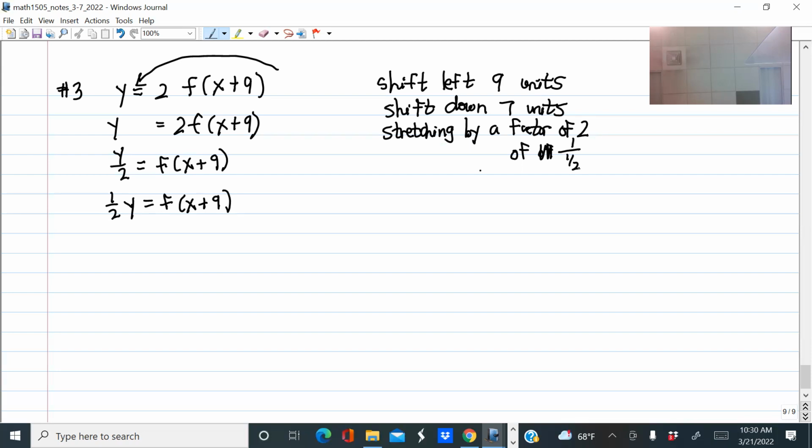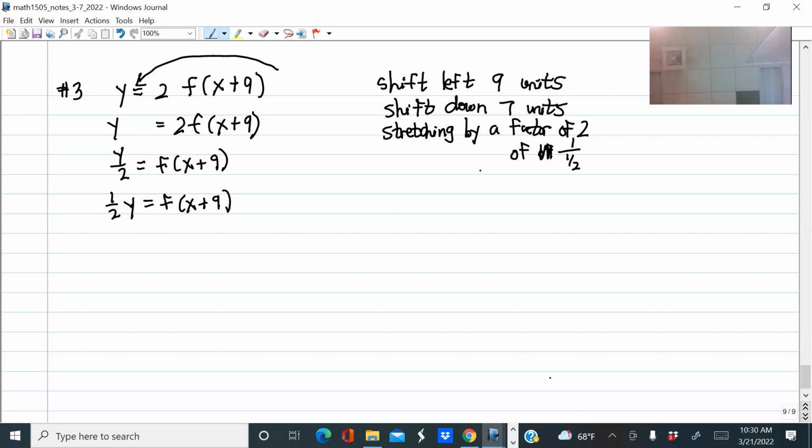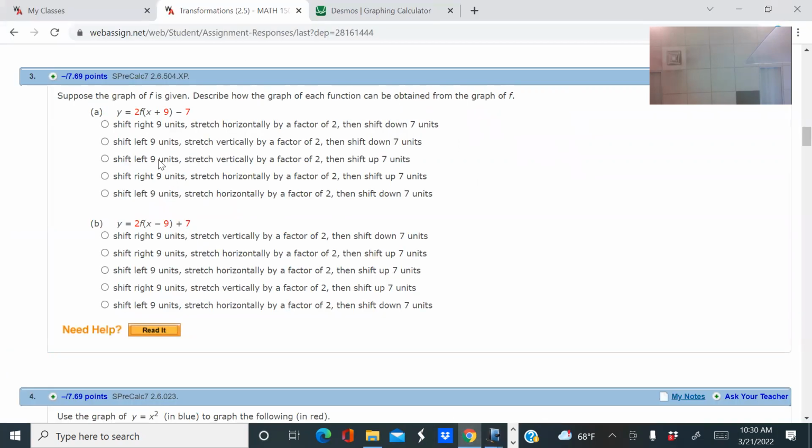All right, so altogether, let's see what happened here. What was the right answer to that particular question? Let's look back and see what we did there. We shifted left, right, down, and then stretched by a factor of 2. So we shifted left, that's here, right?